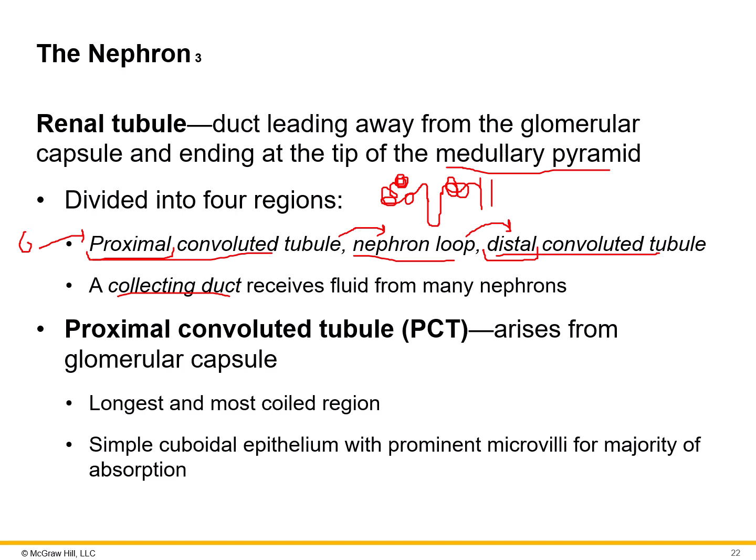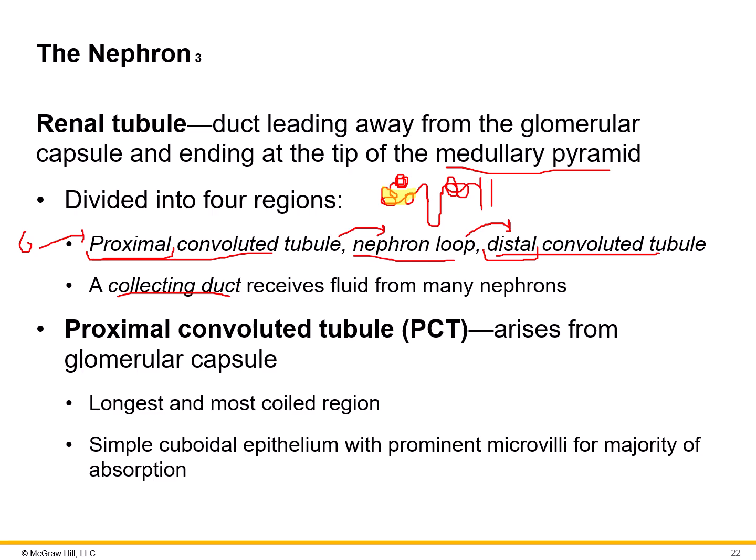Now, the proximal convoluted tubule, this guy right here, this is our longest and most coiled region. And what we're going to see, each area of this tubule is going to have different cells, because each area has a different function.